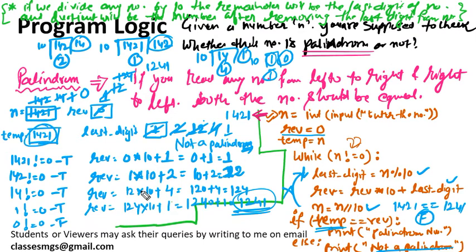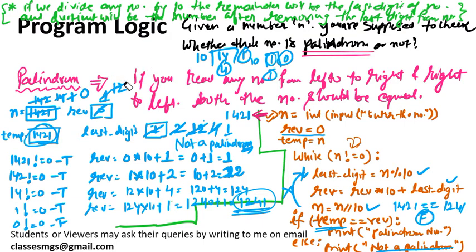Okay, now let's try to solve it for a number that is a palindrome number. Let's try to rough and solve it again for a palindrome, so that you can get a clear idea. I am going to take a palindrome number this time.